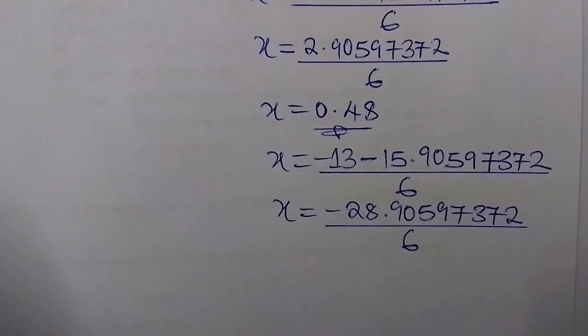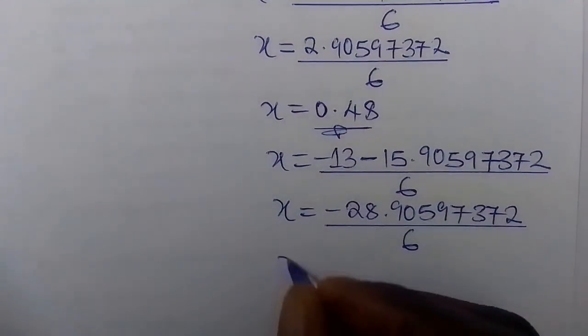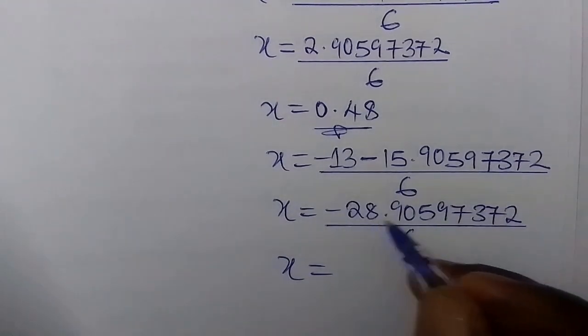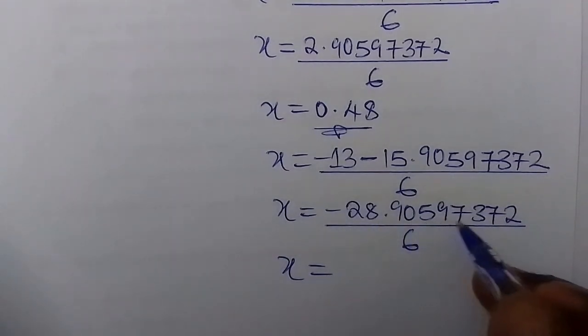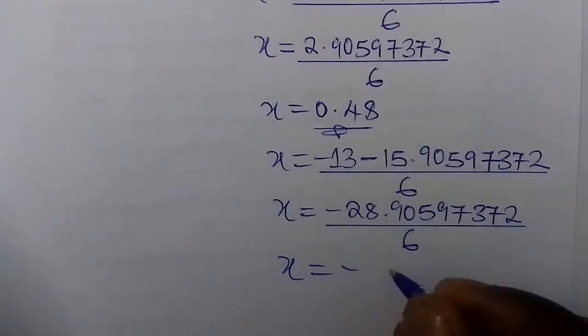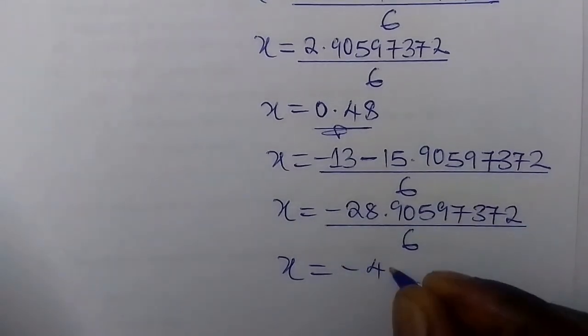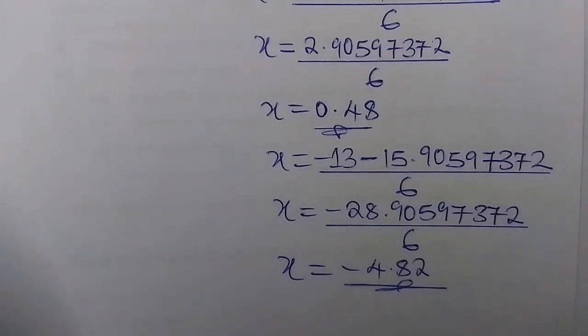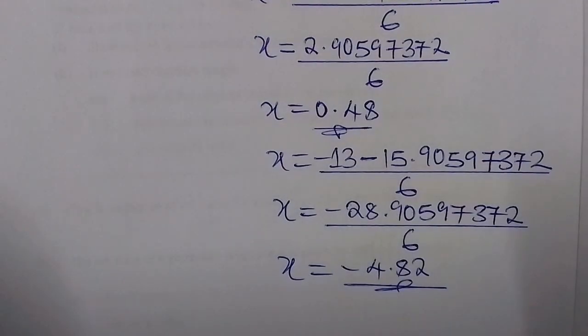So the final answer for this one will be x equal to, when 6 goes into negative 28.90597372, it gives negative 4.82. So this one also is correct to 2 decimal places.